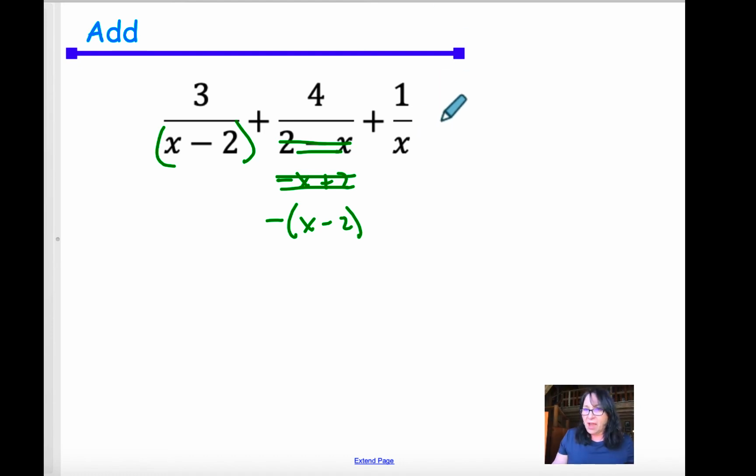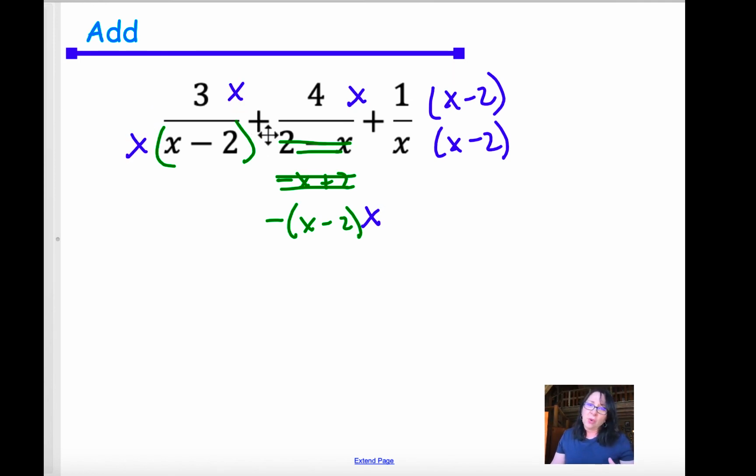So what this side needs is an x minus 2. That needs an x minus 2 over an x minus 2, which these already have. But these two on the left both need an x. So I'm going to multiply this by x over x and this by x over x. Okay? And so what I get on my denominator is x times x minus 2.